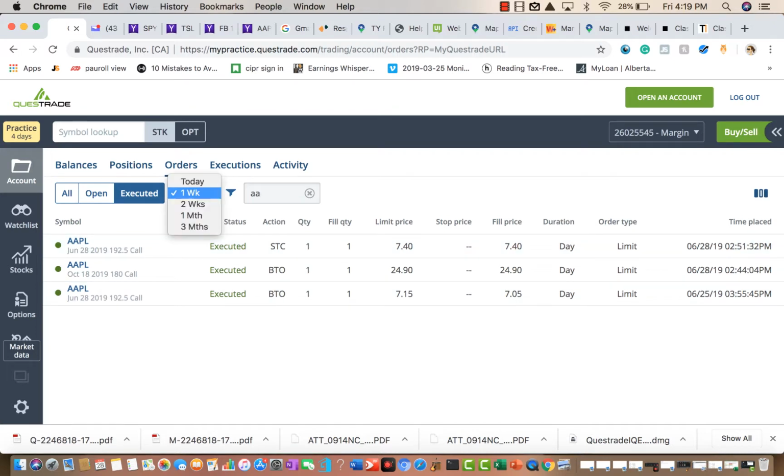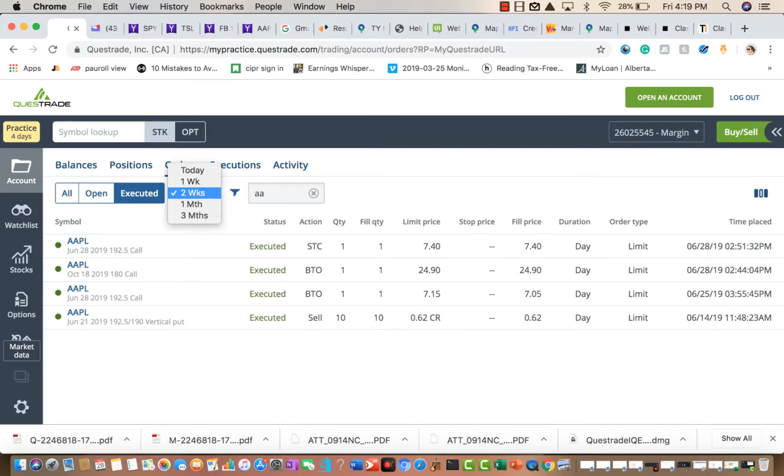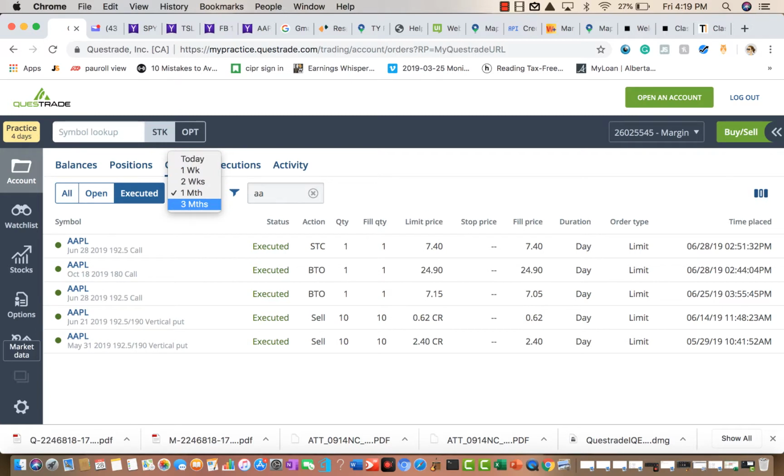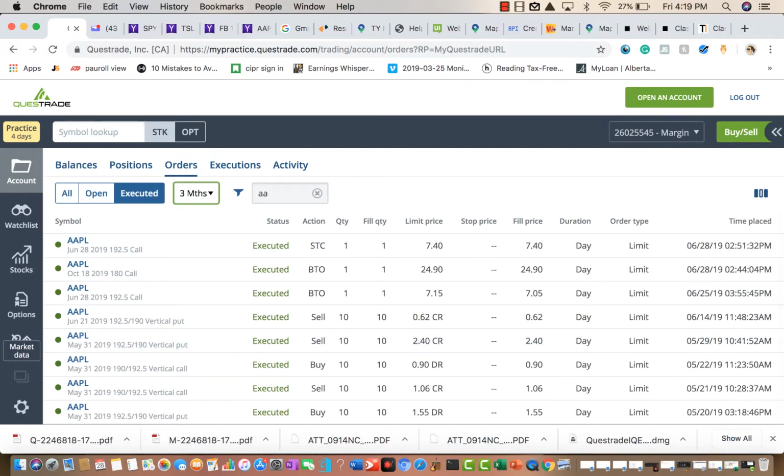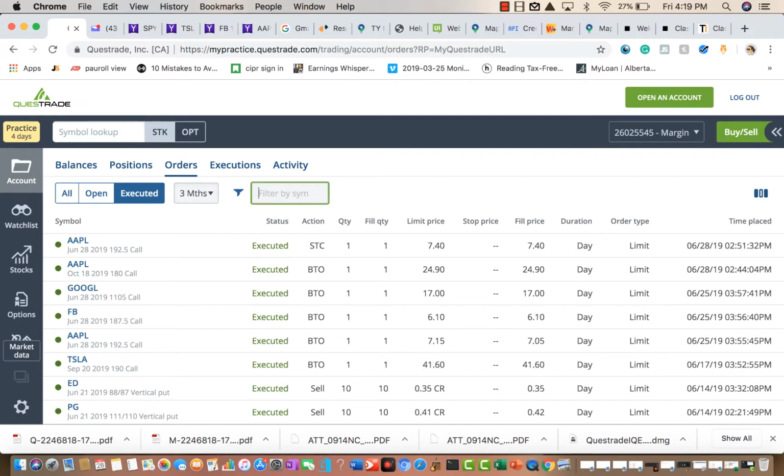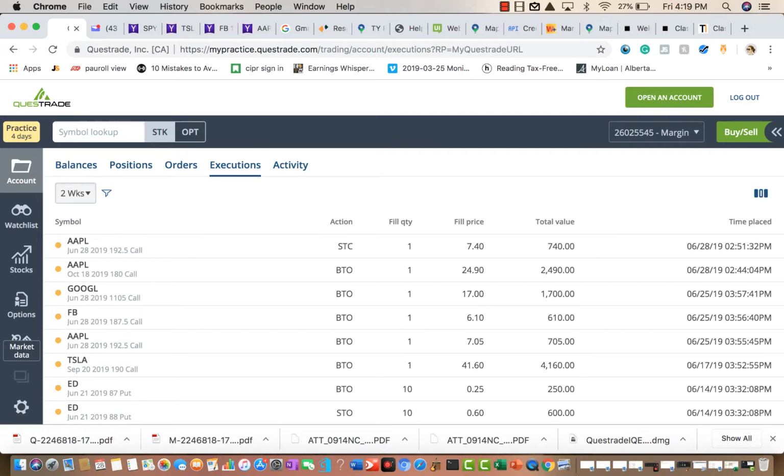And this is for a week. If you want to change it to 2 weeks, you can do that as well. You see them all in here. So all of these are just Apple. If you want to use this filtering function right here.